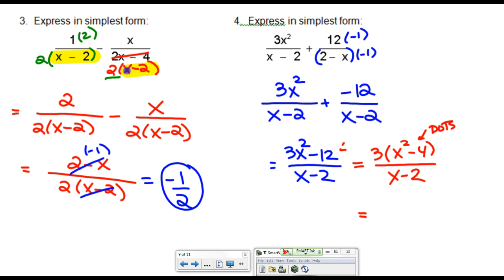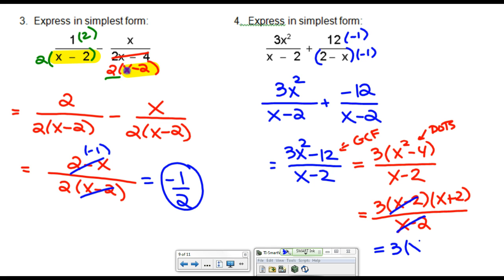It was GCF. And you can leave your answer in the factored form. You don't have to multiply that back together.